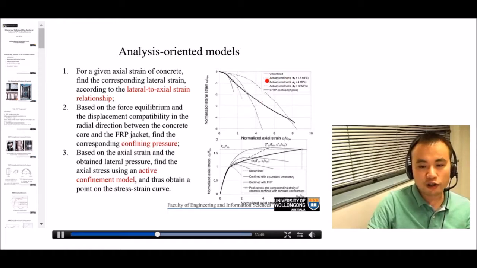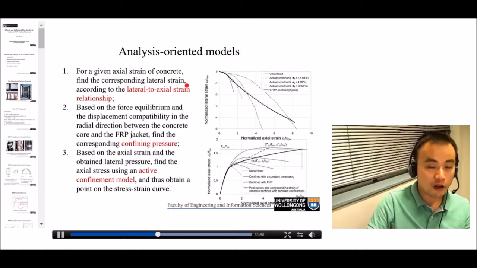And because of this observation shown in the top figure here, you can expect that this equation must work well for both actively confined concrete and FRP-confined concrete. This is the first step. So we find the lateral strain from an axial strain.